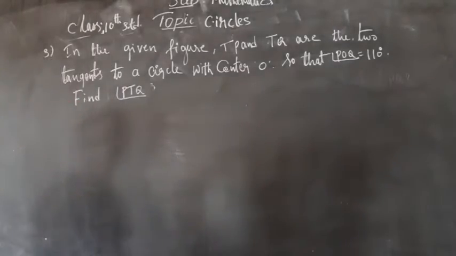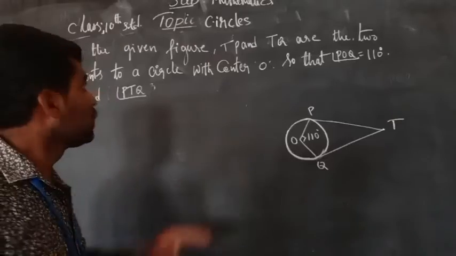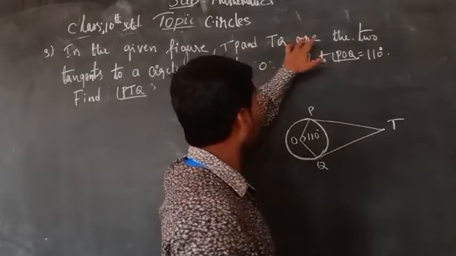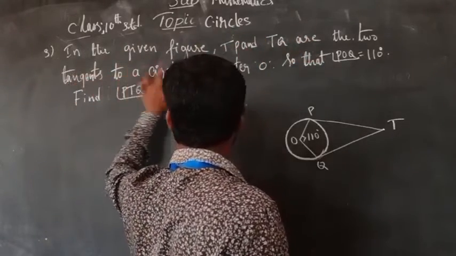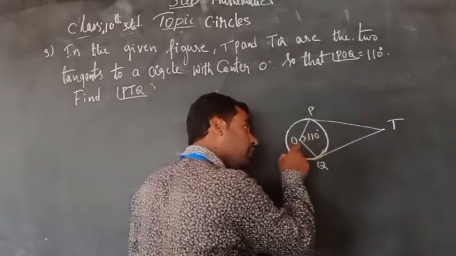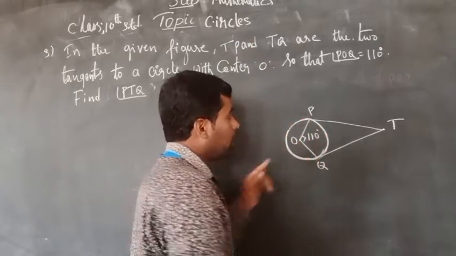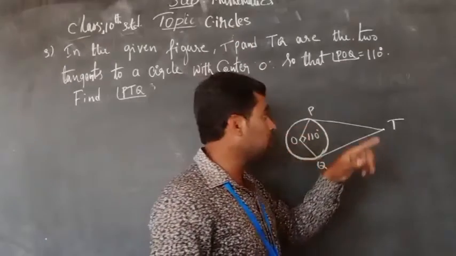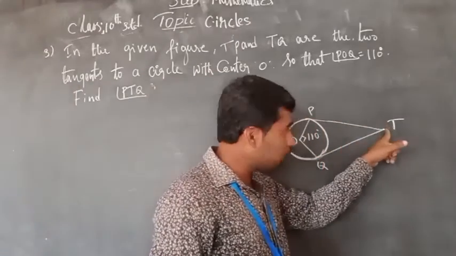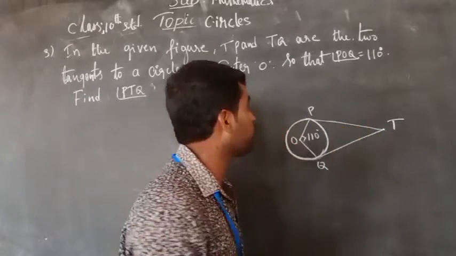Now, third question. In the given figure, TP and TQ are two tangents to a circle with center O. Here they have given the figure. In the given figure, a circle with center O, and they have given the two tangents PT and TQ from the external point T. These are the two tangents.